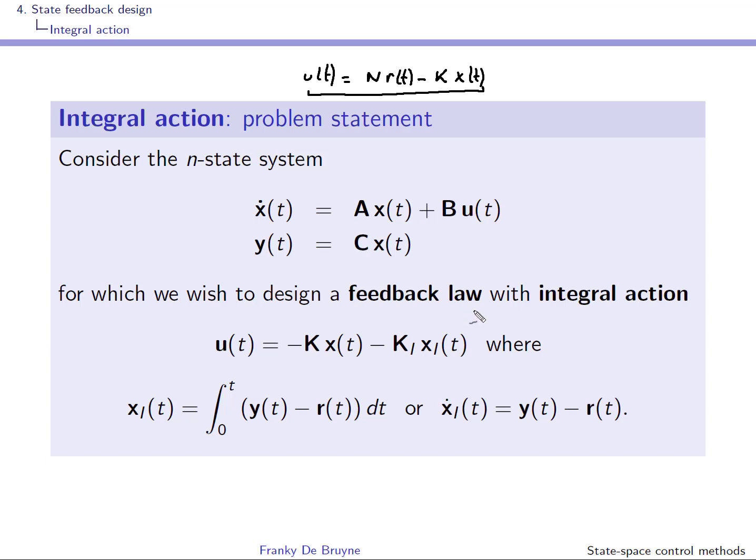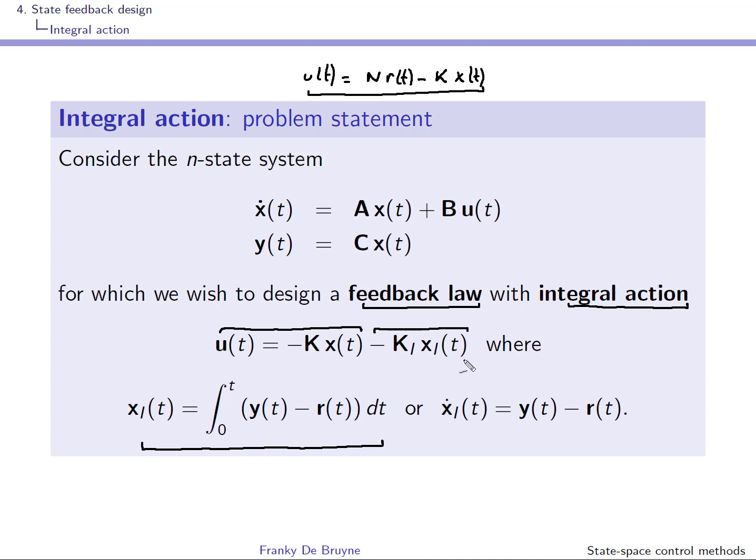So this is why we wish to work with a feedback law with integral action. So here you have the standard state feedback, right? And we have added here a term minus Ki xi, where xi is the integral of the outputs that are being controlled minus the set points.